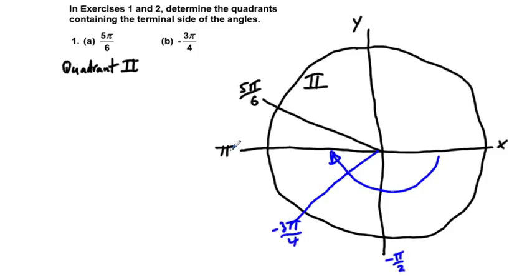Negative pi would be all the way back to equivalent to 180 degrees. So our answer to part B is going to be quadrant 3. And there it is, quadrant 3. So that's going to be problem number 1.